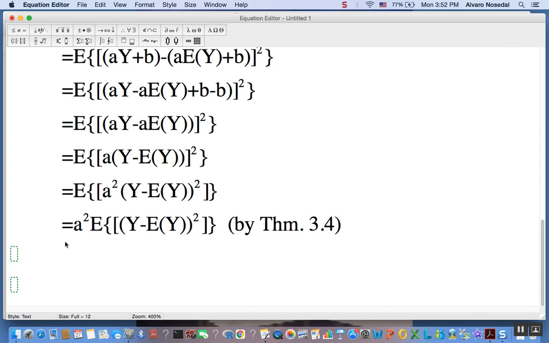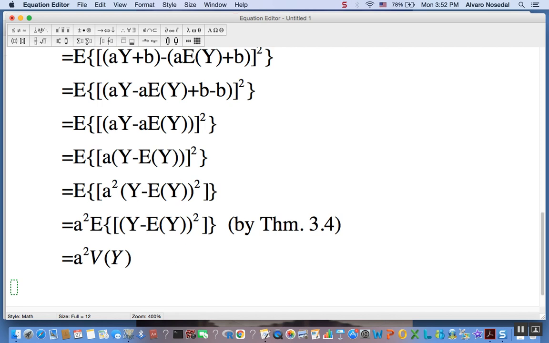Okay? So, finally, note that the expected value of y minus its expected value, the whole thing square, is just the variance of y by definition. So this is the same as a square times the variance of y. Again, this is just the definition of variance.